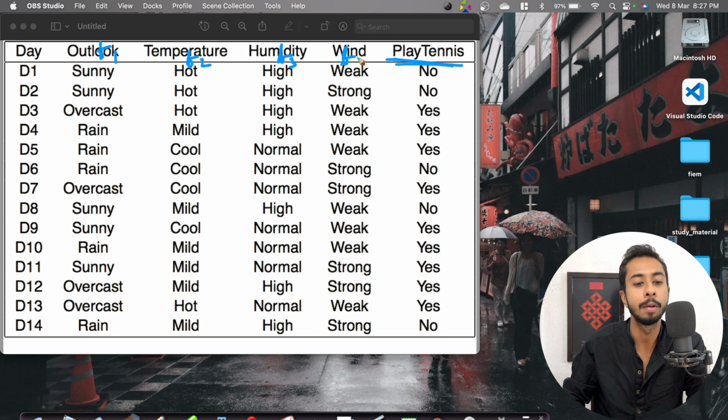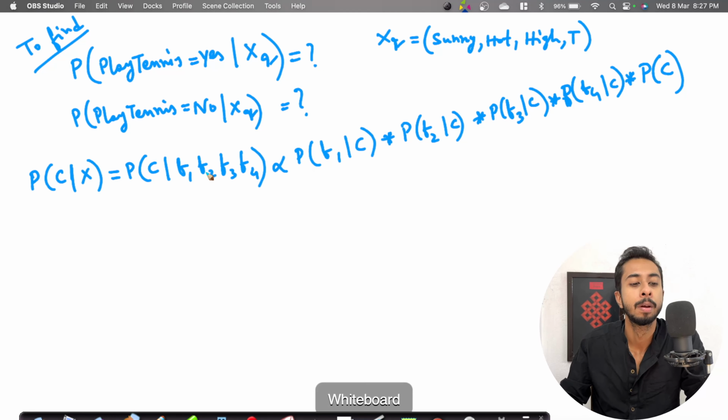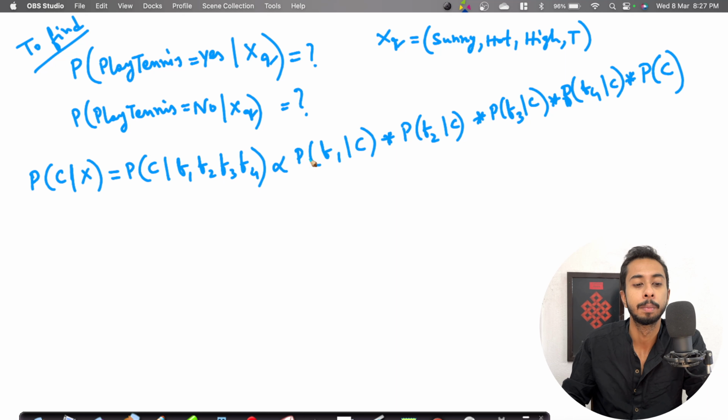This is X, and this is Y. Now, naive Bayes says that this is proportional to probability of F1 given C multiplied by F2 given C multiplied by F3 given C multiplied by F4 given C multiplied by the probability of the class.